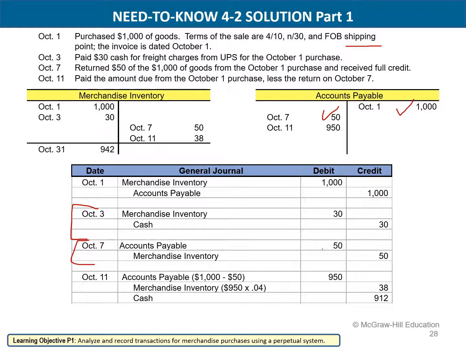So our accounts payable, we're going to reduce, and in order to reduce a liability, we debit. And then our cash out the door is going to be $950 times 96%. So that's how we get to this 912. Then we're going to reduce our merchandise inventory by the credit that we took. So that's $950 times the 4% discount, or $38. Okay?